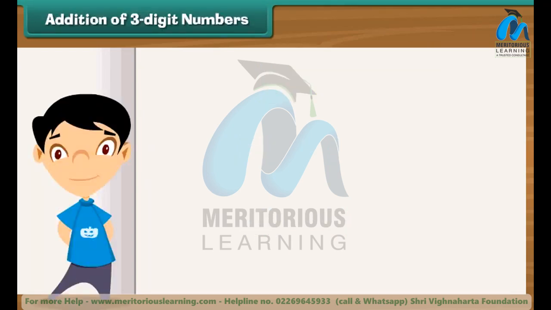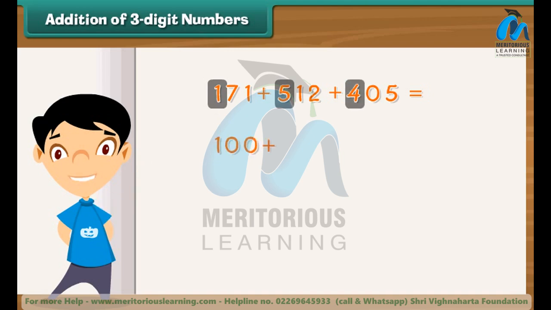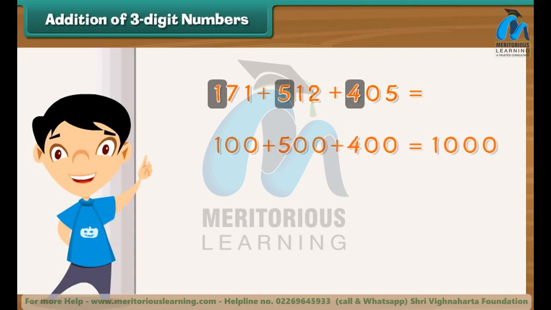Addition of 3-digit numbers. Let us now see how we can simplify the addition of numbers with 3 or more digits. Let us try and add 171, 512 and 405. To simplify the addition, we proceed according to place values. Let us begin with the digits at the hundreds place, that is 1, 5 and 4. We add 100, 500 and 400. The sum is 1000.